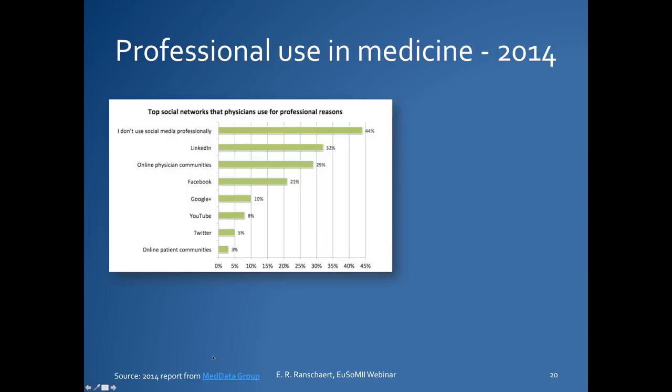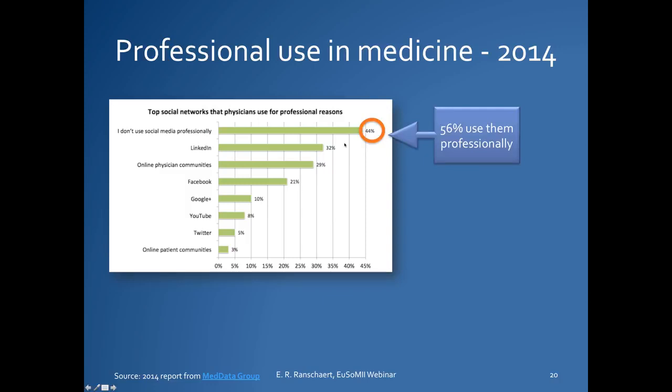A study was published by the MedData Group about usage of social media in medicine, and it shows that 44% of participants are not using them professionally, but this means that 56% are using them professionally.